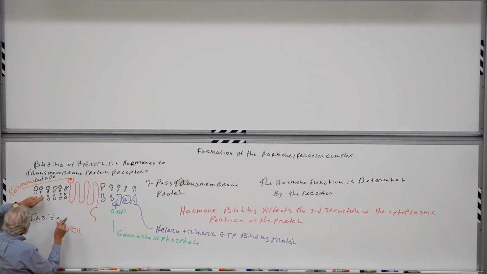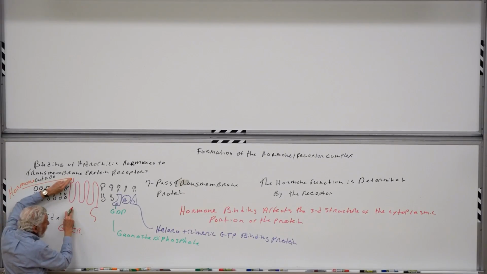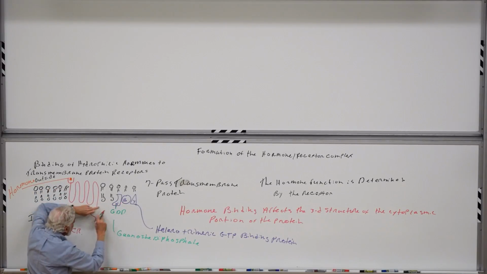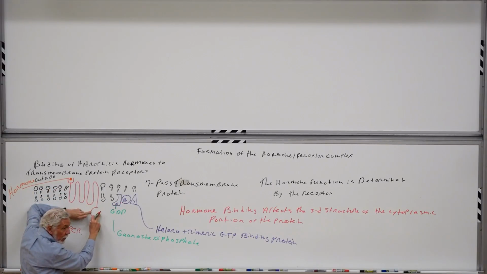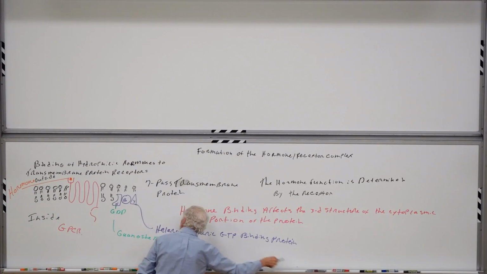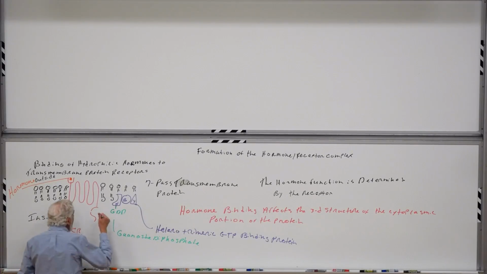this G protein coupled receptor with its hormone bound has now undergone a conformational change which will allow the alpha subunit to bind to this protein. So you can imagine this purple alpha subunit sidling in here with its GDP attached.